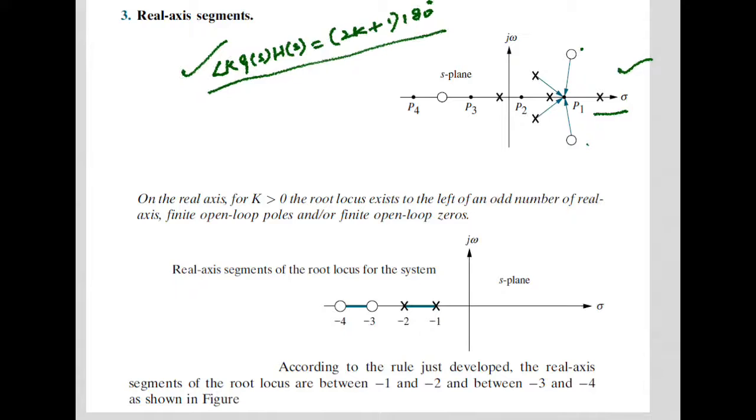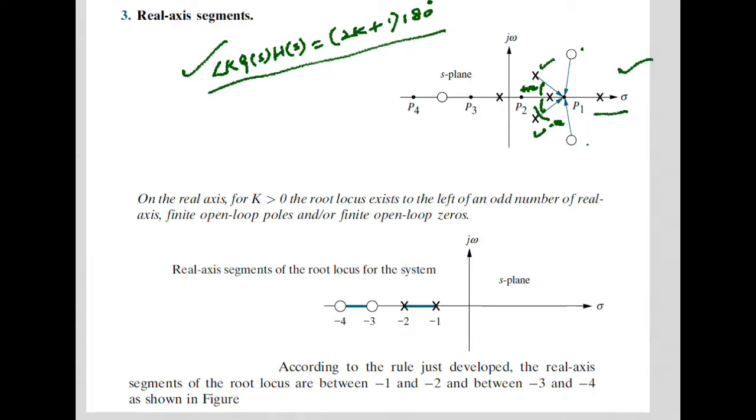The first observation is that at each point the angular contribution of a pair of open loop complex poles or zeros is equal to 0. Let us suppose that we have a pole here and a pole here. Looking at the angular contributions, here we have a positive angle and here we have a negative angle.